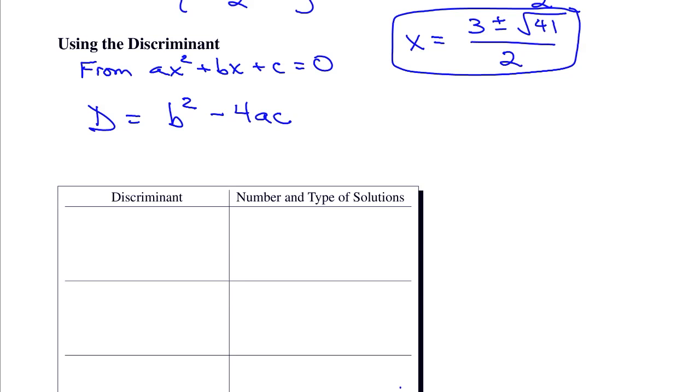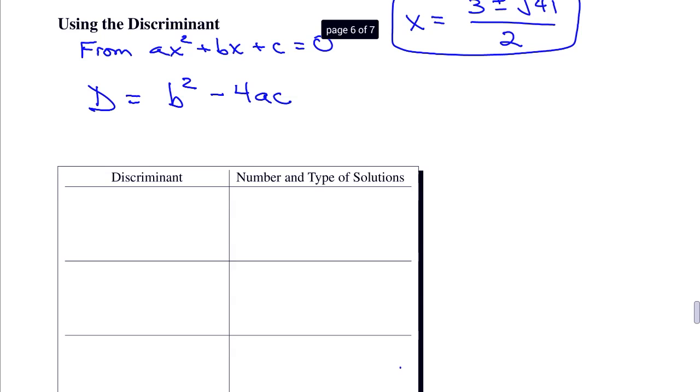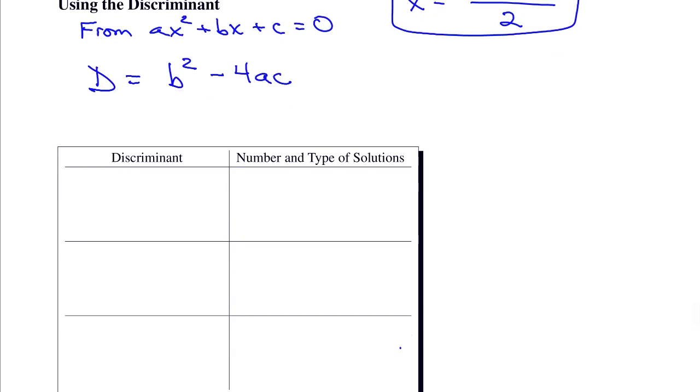You'll recognize that as the part of the quadratic formula that's under the square root. So this will tell us the following pieces of information. If this discriminant turns out to be positive, then we know that this quadratic will have two real solutions.